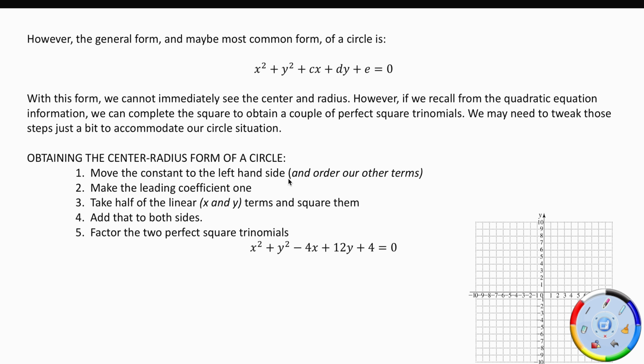But here are our basic steps for obtaining the center radius form of a circle, and they're based on completing the square. So remember, the first step in completing the square was to move the constant to the right-hand side of the equal sign. So I'm going to move this constant.